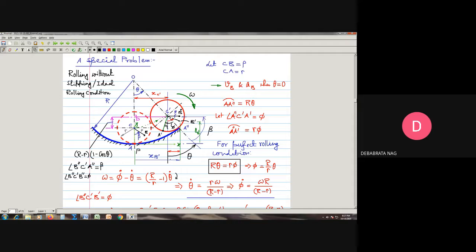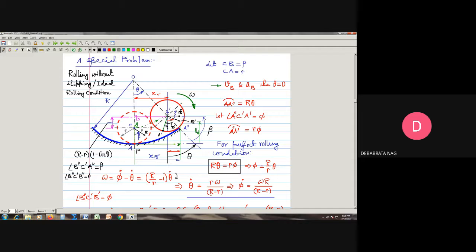Now this xb dash will consist of the coordinate location of this center c dash, which is this distance xc dash, the perpendicular distance of c dash from this vertical line. This gives me the x coordinate of the point c dash, correct? So xb dash will consist of this xc dash plus this horizontal distance.